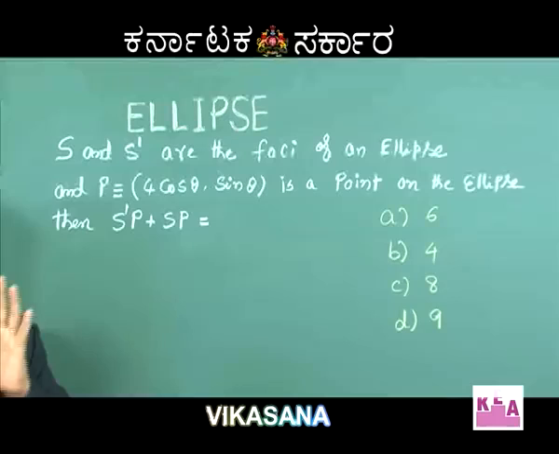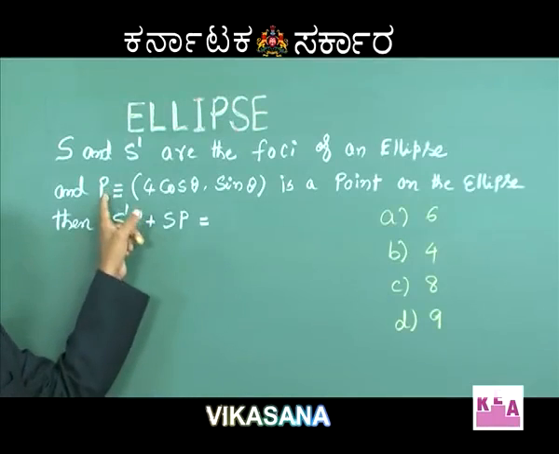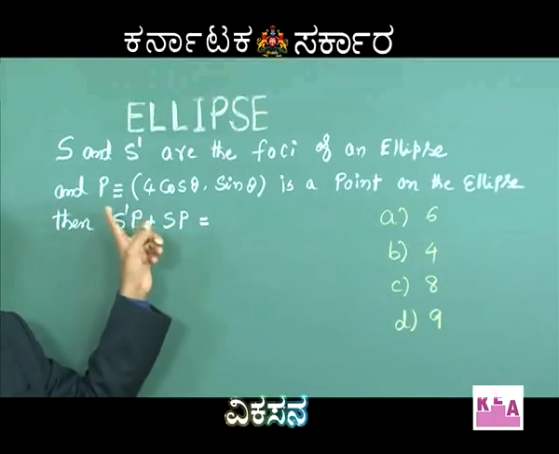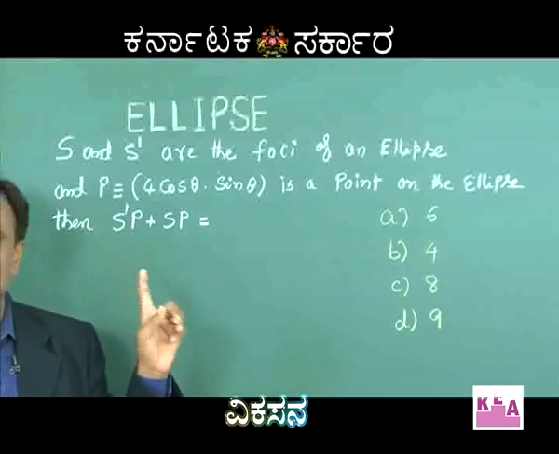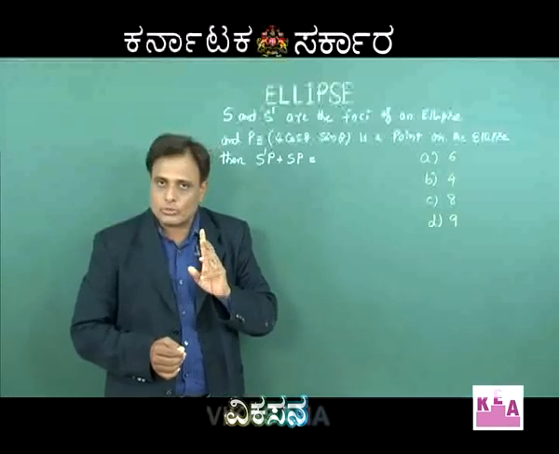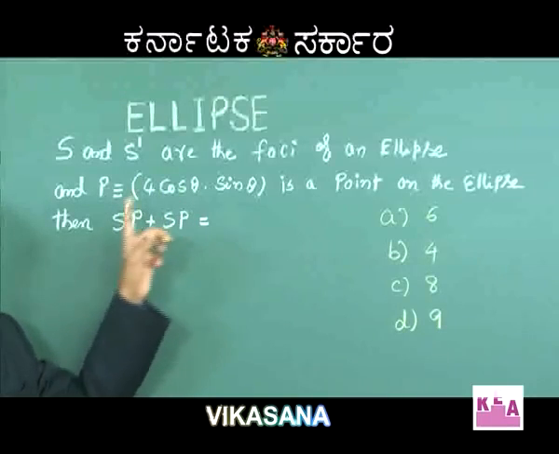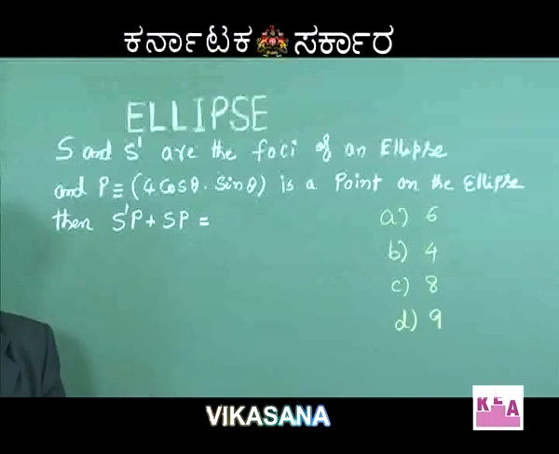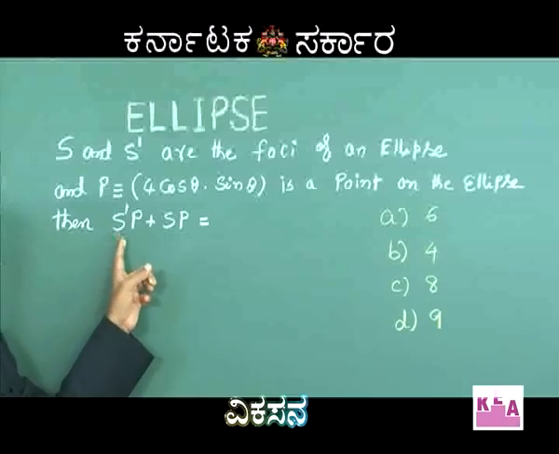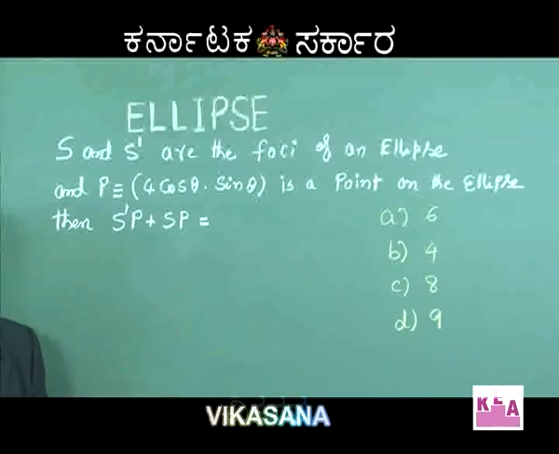And the second important technique: P is a point on the ellipse, as given in the question. Then the distance of the point P from the focus is called the focal distance. That means he is asking for the sum of the focal distances.